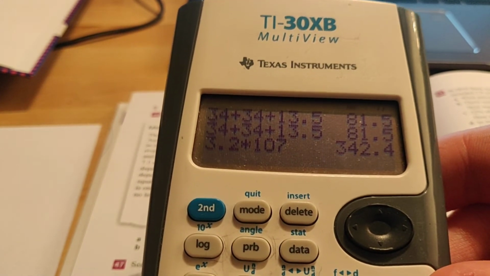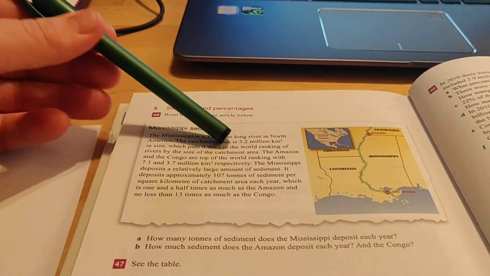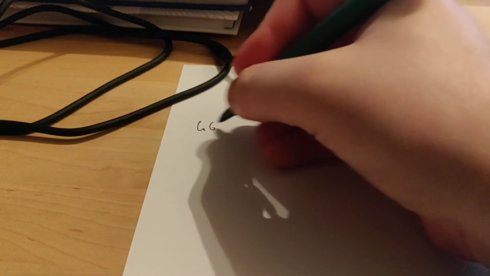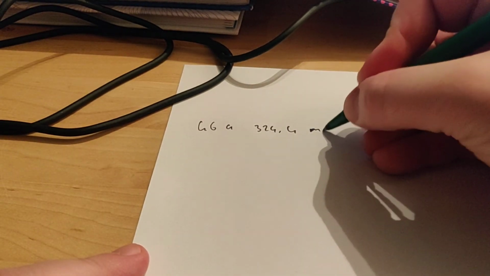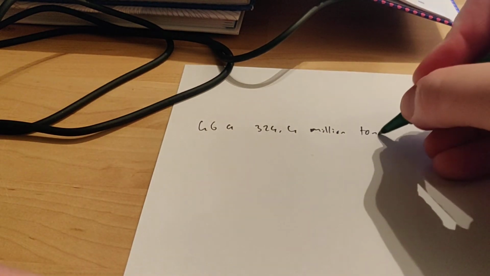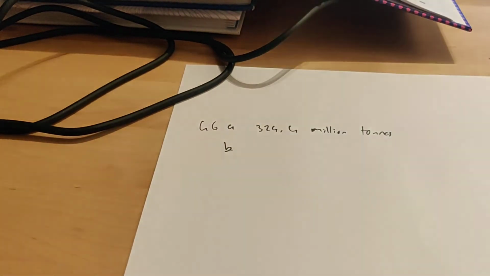Right, so that's 342.4, because that's the catchment area times the number of tons it has per square kilometer. So that is 46A. The answer is 342.4. And then I had to remember the word million from the catchment area, and we also have tons, because it was 107 tons per square kilometer. So this is how much sediment this river deposits.